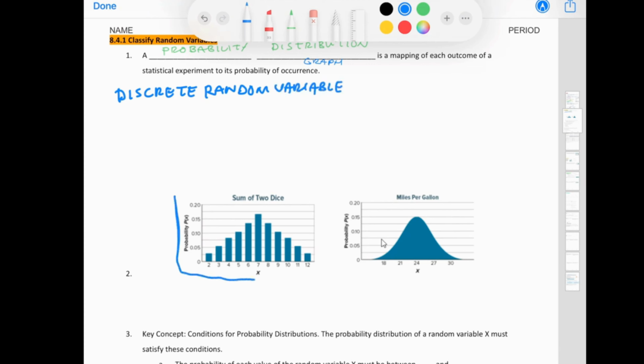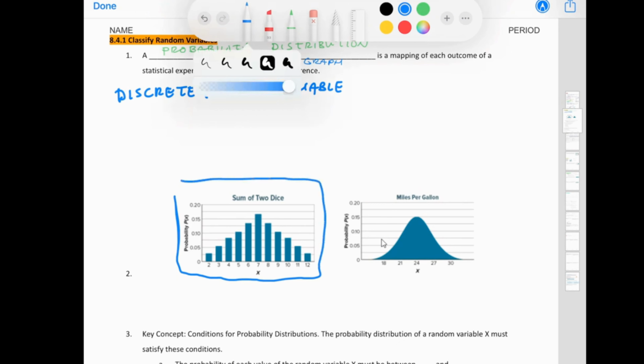That's this graph here in blue. And basically, some key things is that it's finite.